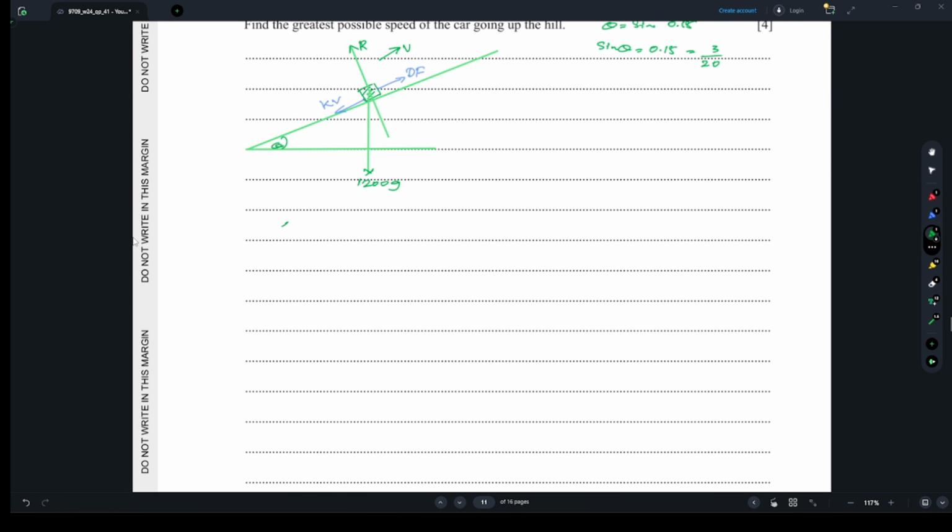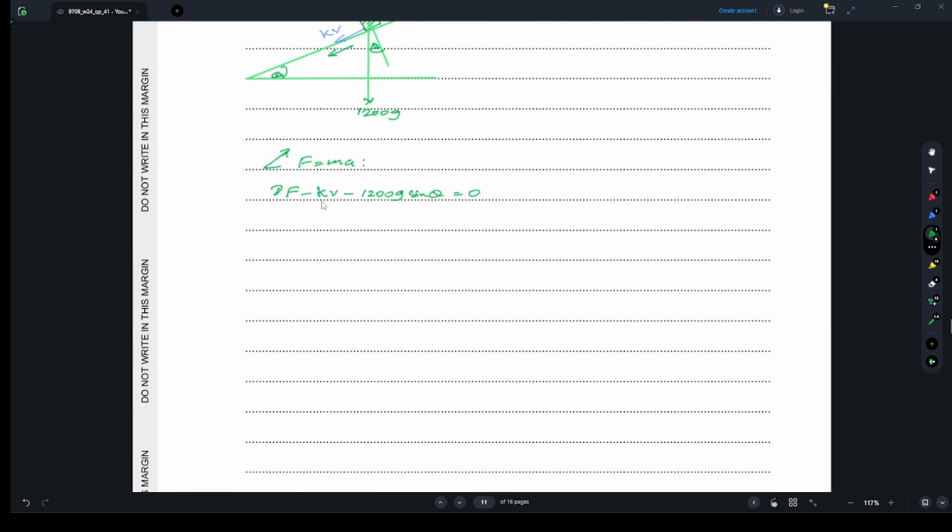So I can apply F equals ma. The driving force minus the resistive force minus a component from the weight, 1200 g, and this angle is theta, so the component along the slope is sine theta, equals 0.